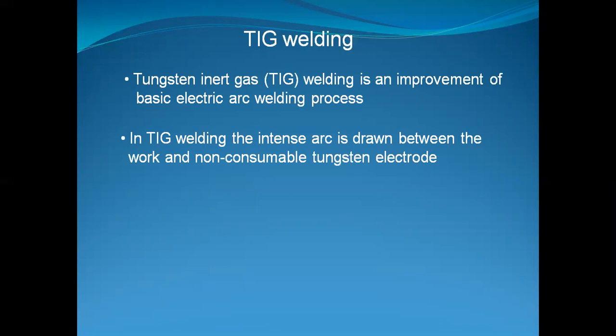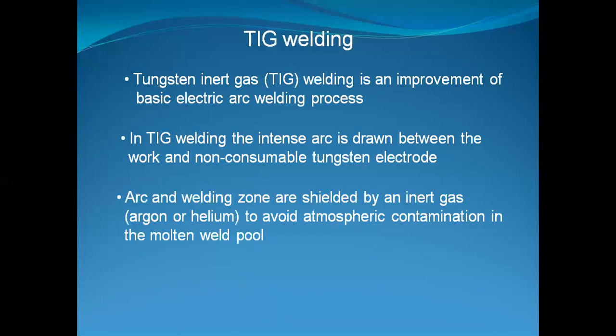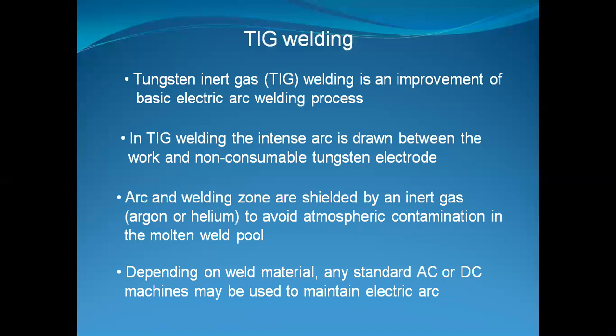Coming to the TIG welding process, the arc is drawn between the work and a non-consumable tungsten electrode. The arc and welding zone are shielded by an inert gas to avoid atmospheric contamination of the molten weld pool. Depending on the weld material, any standard AC or DC machine may be used to maintain the electric arc.